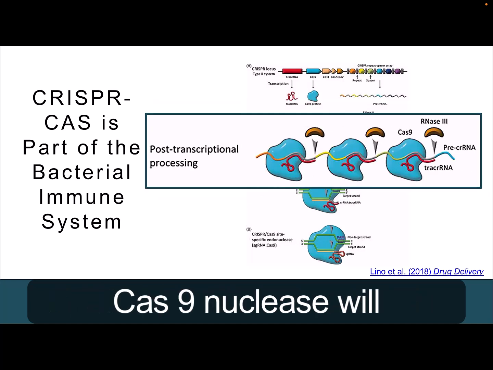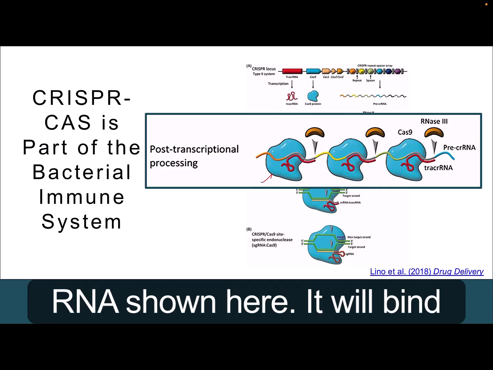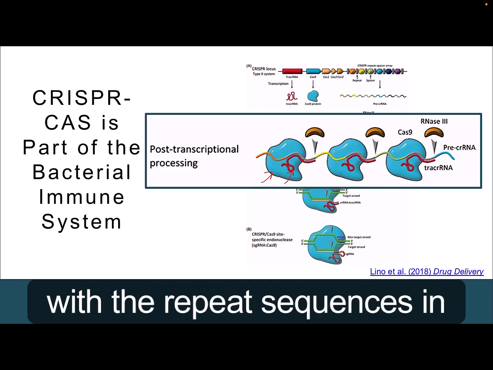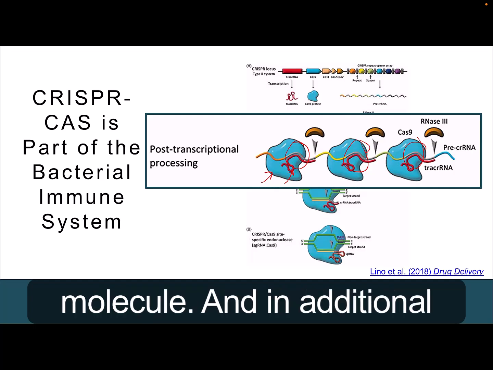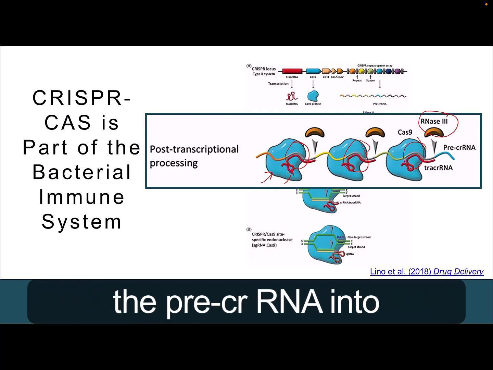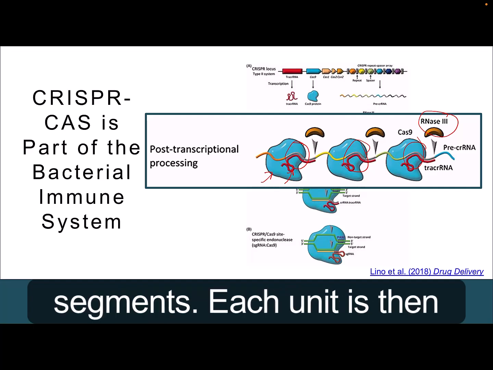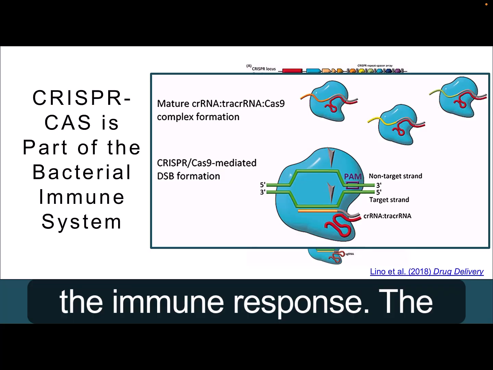The Cas9 nuclease will assemble with the tracrRNA, shown here. It will bind with the repeat sequences in the pre-CRISPR RNA molecule, and an additional RNase enzyme will cleave the pre-crRNA into segments. Each unit is then fully assembled to function in the immune response.